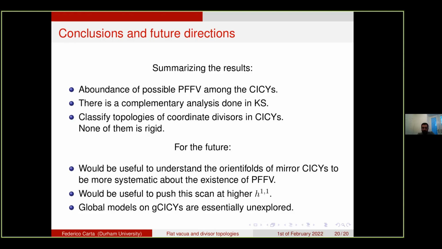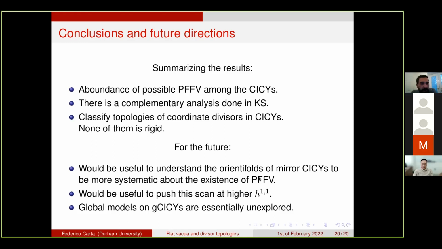It would be nice to push this scan to higher H11. And also, I want to point out that there are some interesting constructions and databases for Calabi-Yau manifolds that have been essentially completely unexplored from the model building point of view, like, for example, generalized CCs, which is something I would like to look at more in the future. Thank you very much for the attention.